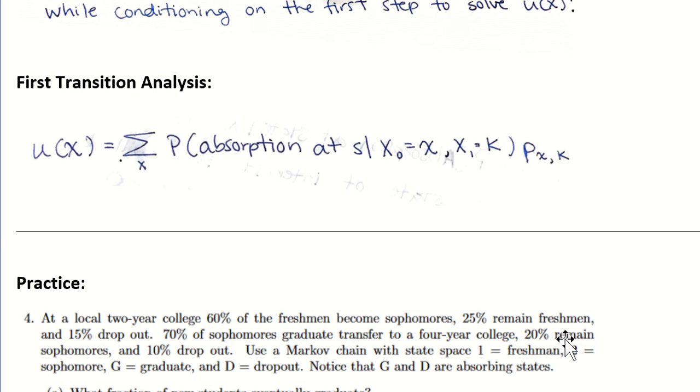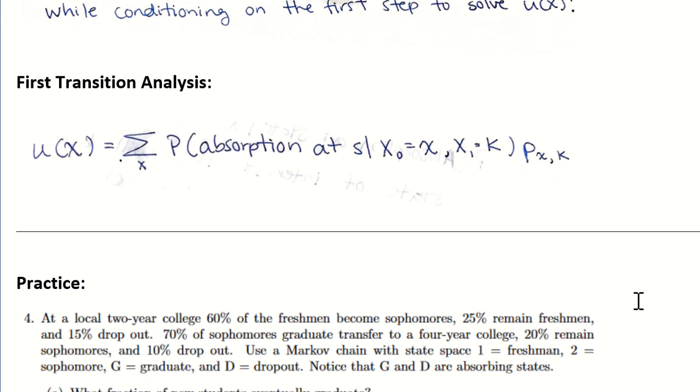At a local 2-year college, 60% of the freshmen become sophomores, 25% remain freshmen, and 15% drop out. 70% of sophomores graduate and transfer to a 4-year college, 20% remain sophomores, and 10% drop out. We want to use a Markov chain with a state space where 1 equals freshman, 2 equals sophomore, G equals graduate, and D equals dropout.